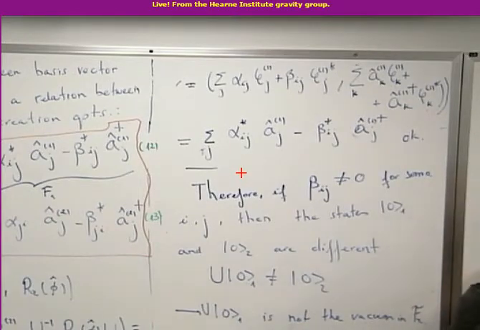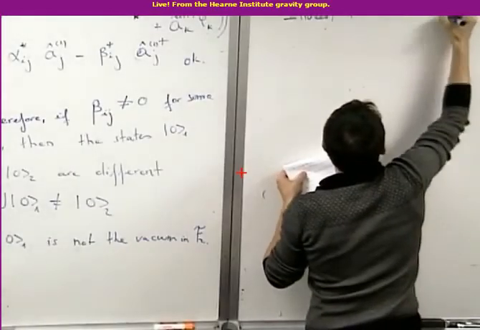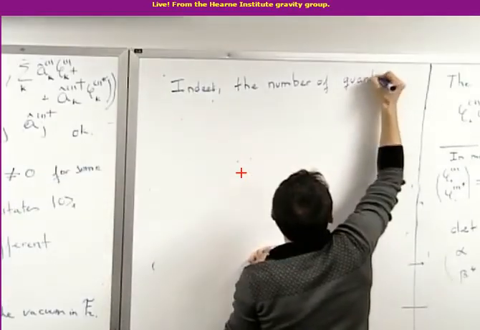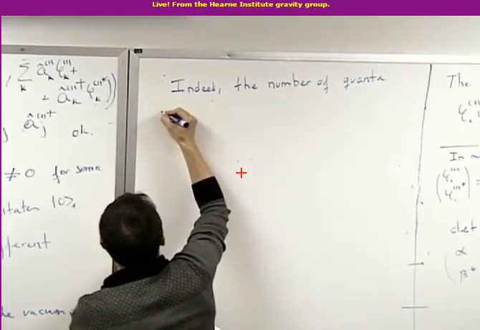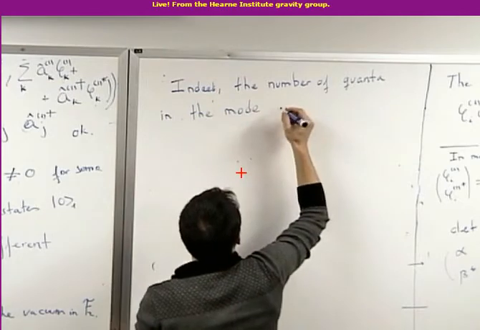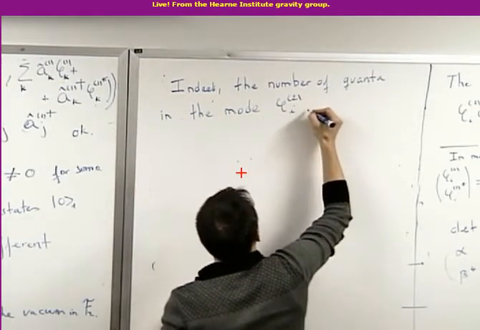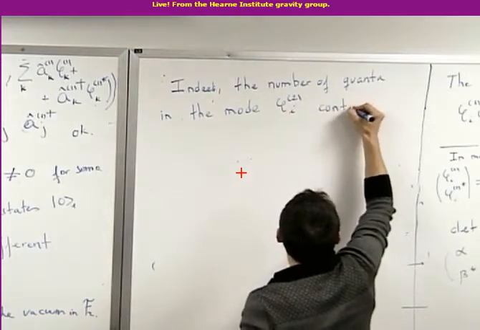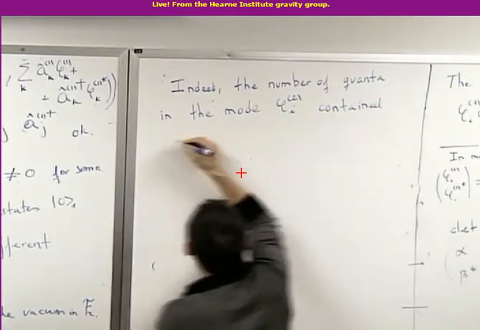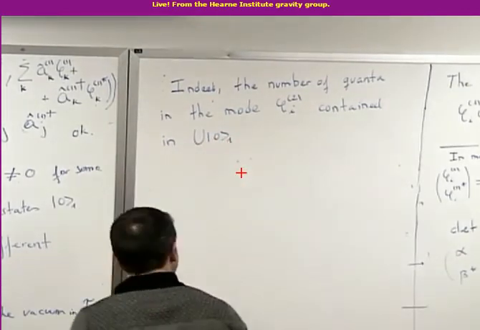Indeed, we can compute the number of quanta in the mode phi 2i contained in the vacuum state 1.